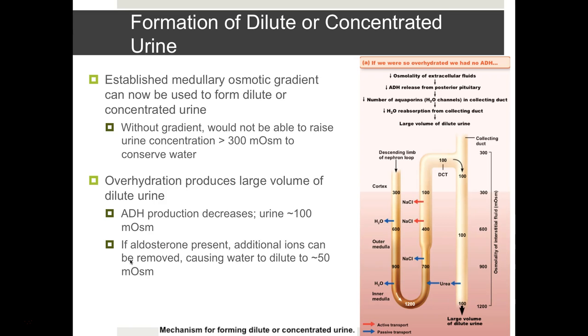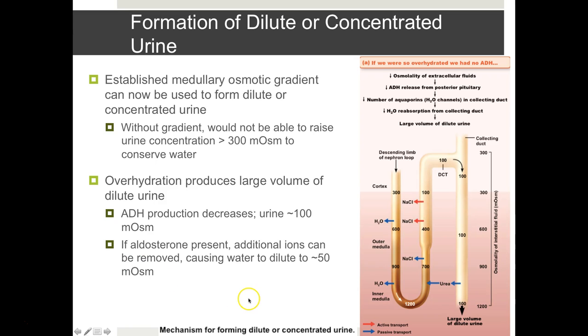Up till now, we have been discussing healthy urine that is of normal concentration, but let's start off with our dilute urine. So the way we're going to establish our dilute or concentrated urine is by establishing our medullary osmotic gradient.